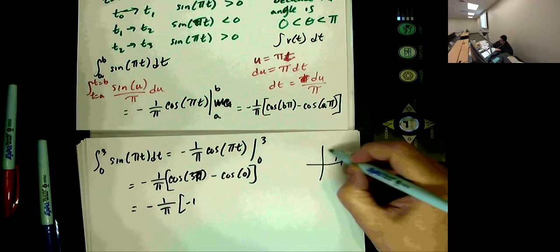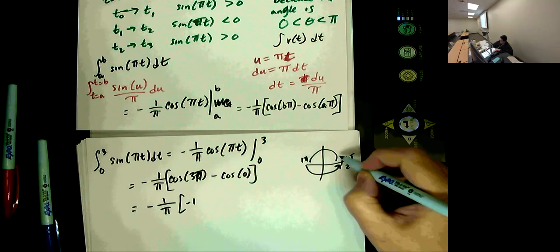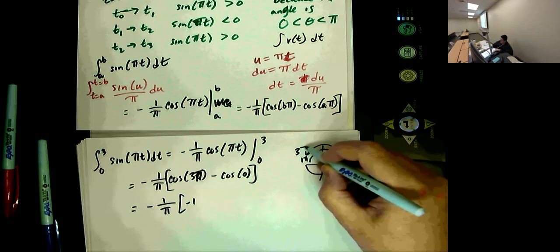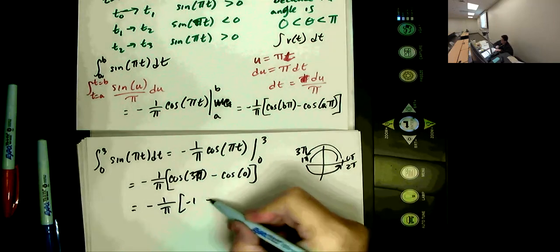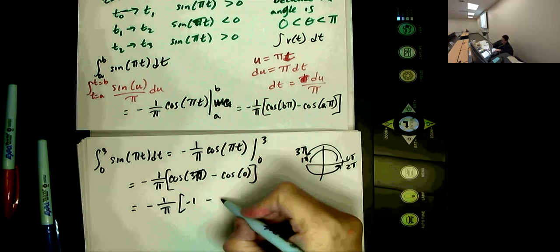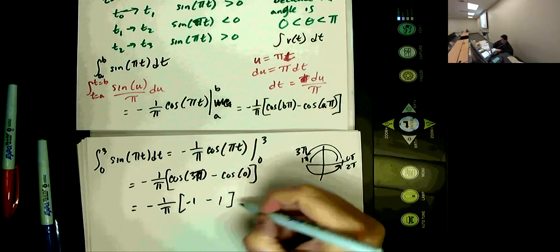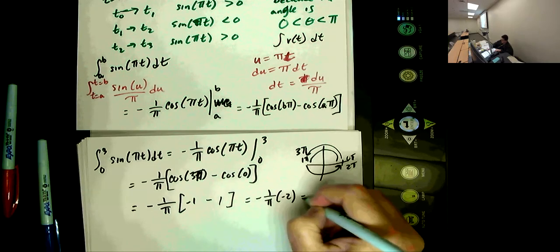We go around the circle, we got 1 pi. We go here, we're at 2 pi. We go again, we're at 3 pi. So yeah, it is negative 1. Cosine is negative 1 on the x-axis to the left. Cosine of 0 is what? 1. So negative 1 minus 1 is negative 2, so we've got negative 1 over pi times negative 2. So 2 over pi.